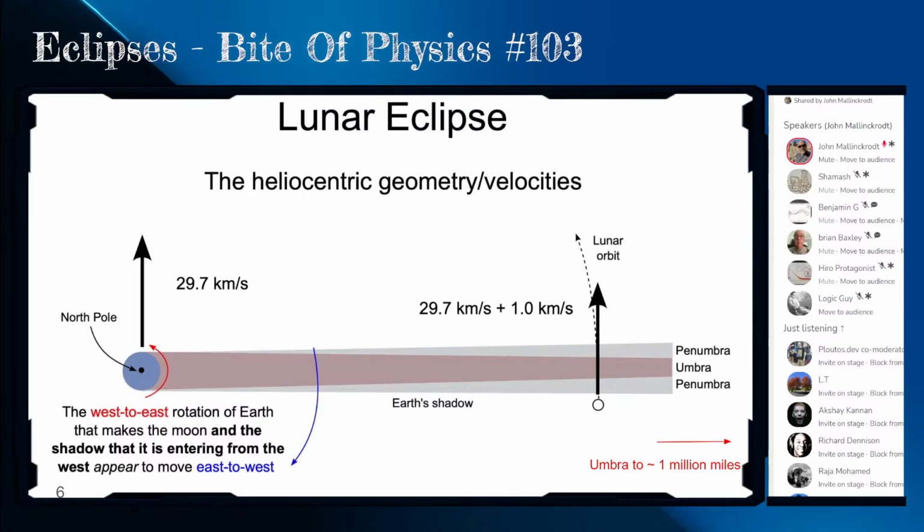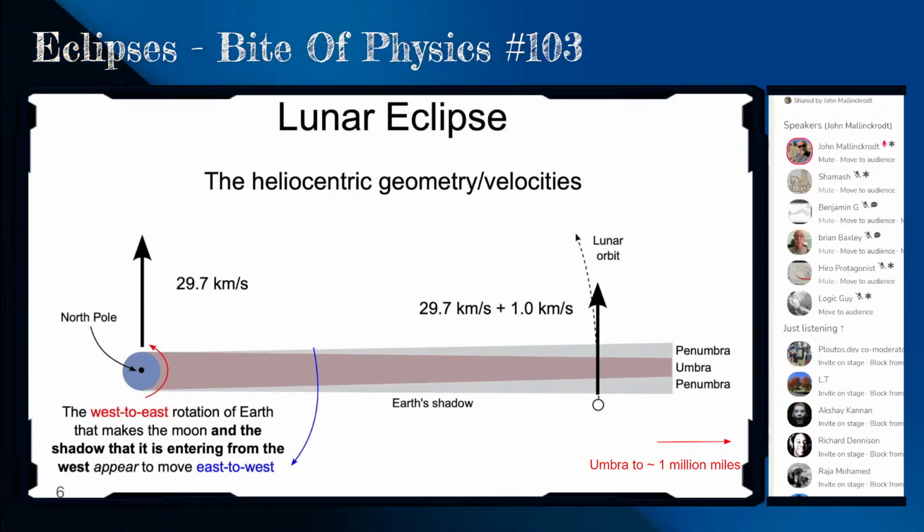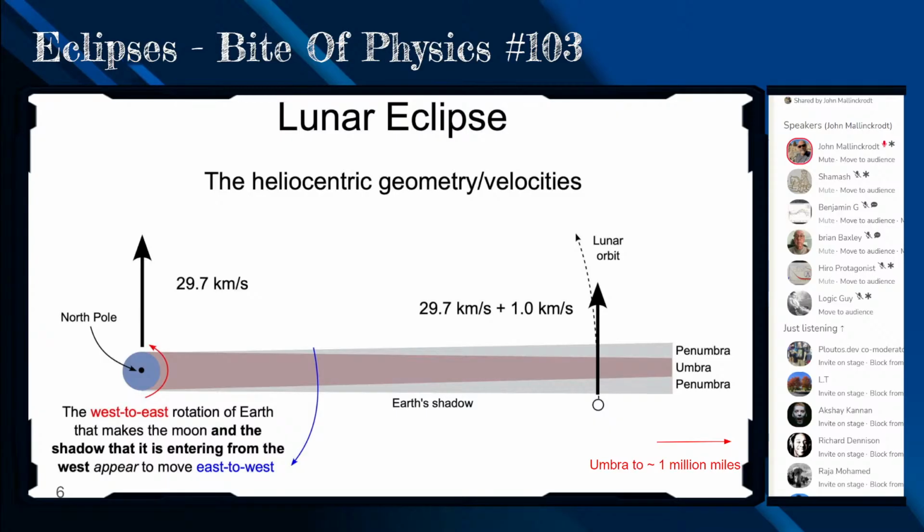Because the diameter of the Earth is 10,000 miles, that's astronomy speak for 8,000 miles, and because the umbra is 1/2 degree, it has to be 100 times 10,000 miles, which makes it 1,000,000 miles. So the umbra extends out 1,000,000 miles beyond the Earth.